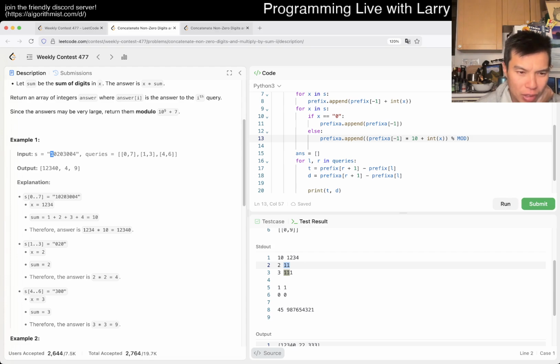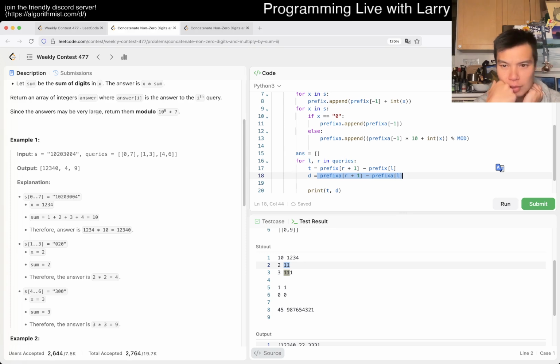Oh, I think I shifted the wrong way. No, that's right. But the subtraction is wrong, I think. Because now it is almost in reverse. No, it's kind of right.